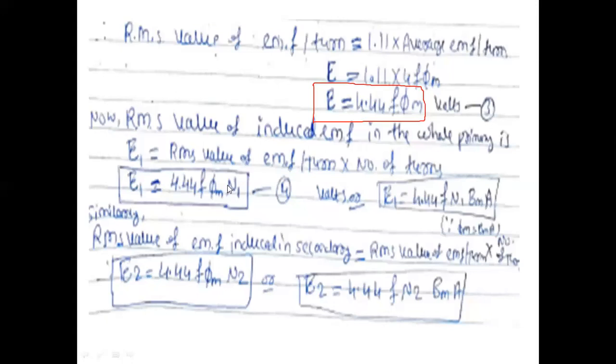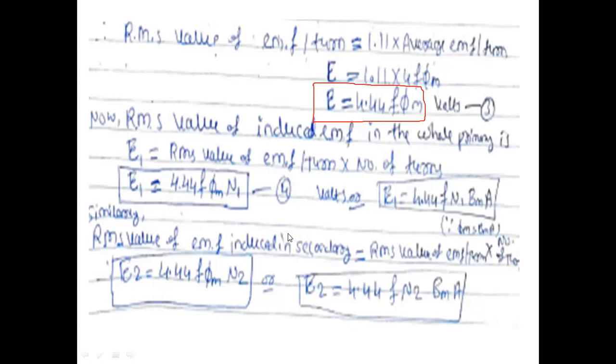Equation number 4. Or, in the next line, we can write it another way: E1 equals 4.44 F Bm A N1.